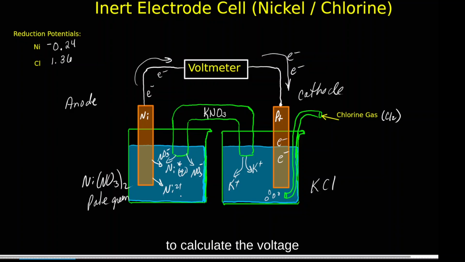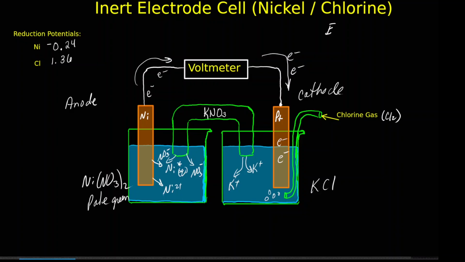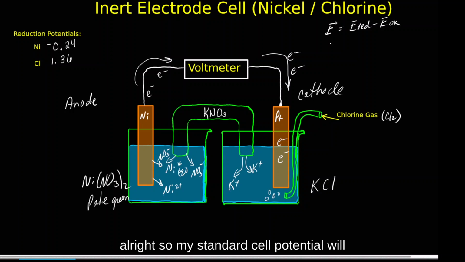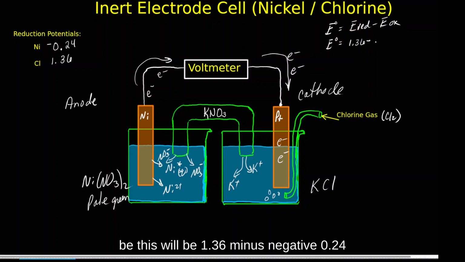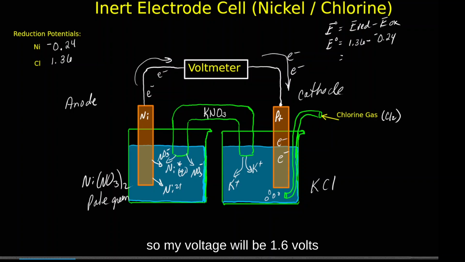So if I want to calculate the voltage, my standard cell potential will be 1.36 minus -0.24. So my voltage will be 1.6 volts.